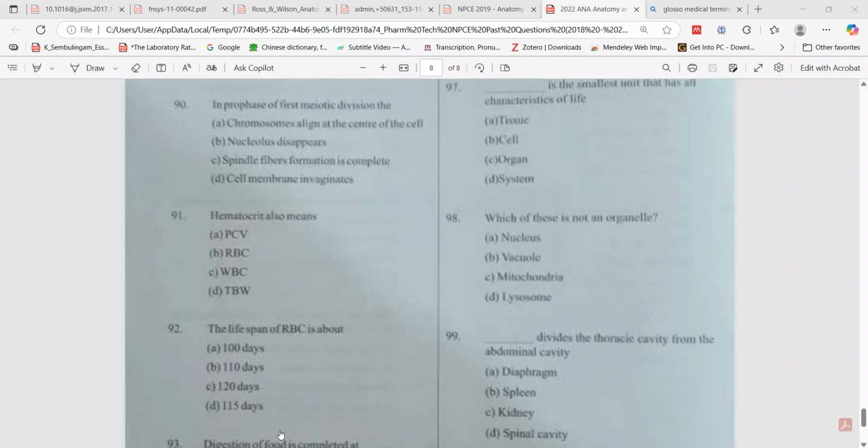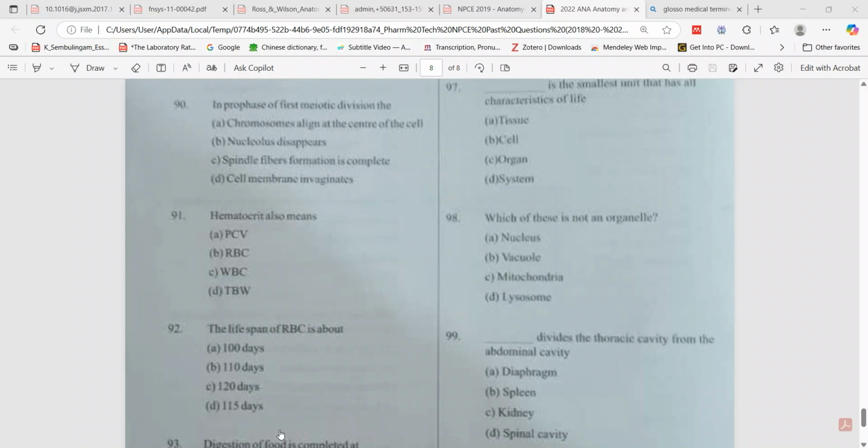At anaphase, the sister chromatids separate from each other and move towards the end poles. At telophase, the components of the nucleus start reappearing, like the nucleolus, and the nuclear membrane starts to reform.